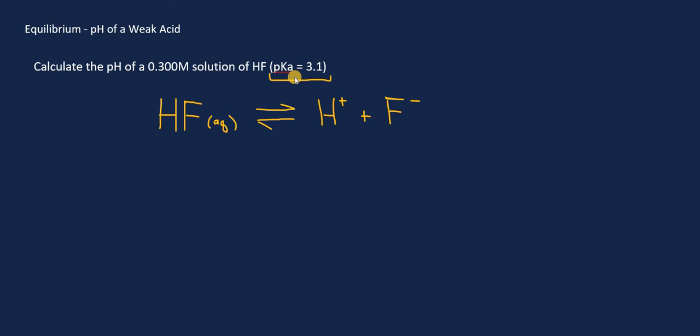Remember, for pH, you took the negative log of H plus. Well, pKa is the negative log of Ka. So to get the Ka out of this, you simply do the inverse operation. You'll take 10 to the power of negative pKa, and that will give you the Ka for this reaction.